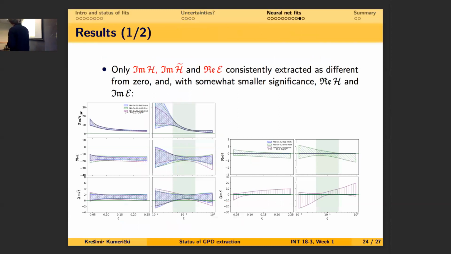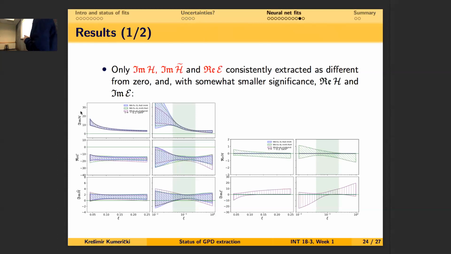What turns out, what we can consistently extract as different from 0, are these three compound form factors: imaginary H, H tilde, and real E, right? They are plotted here and extrapolated here. With somewhat smaller significance, you can also reach real H and imaginary H. Depending on how you look at these plots, it's in principle consistent with 0, but there is something seen here.